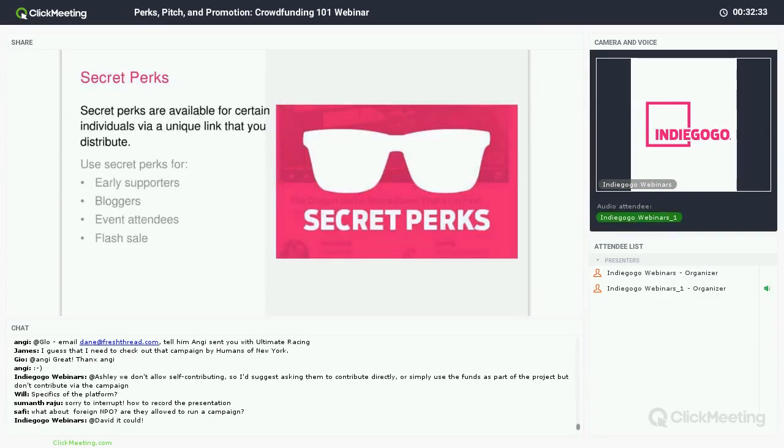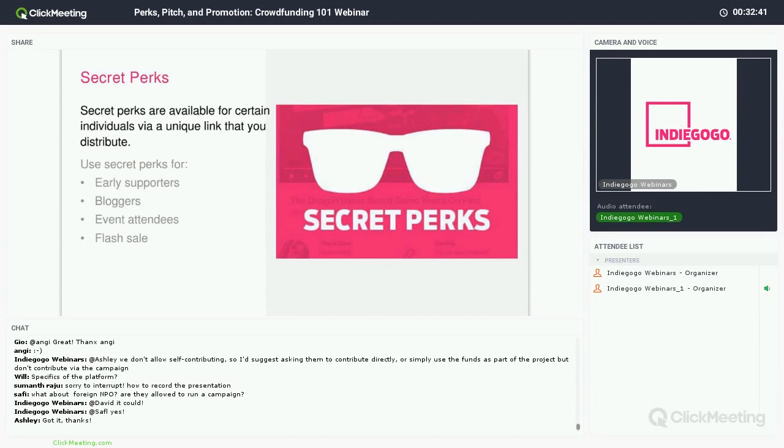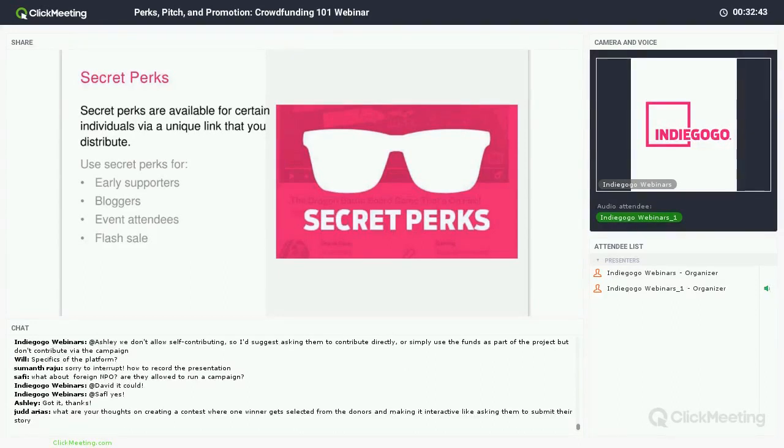And secret perks are a relatively new offering, which are really, really exciting for a couple different reasons. Basically, they are unique links to individual perks, and these are not visible on the campaign page unless you have that link. This is really useful if you've got bloggers or influencers that are writing about your campaign.